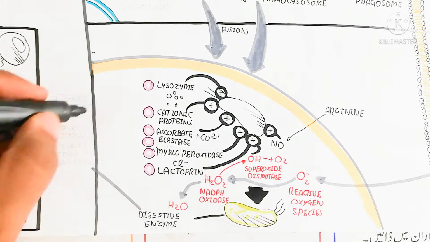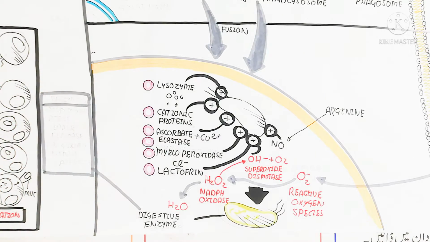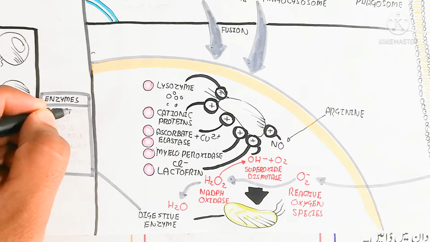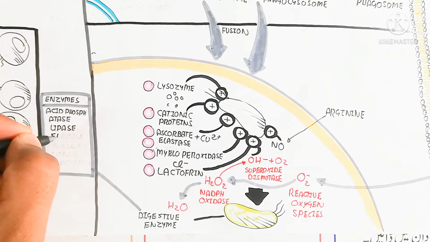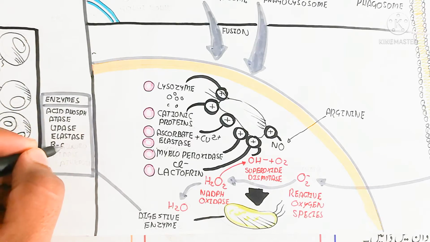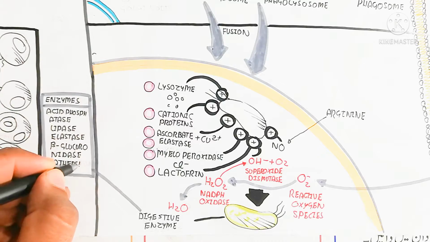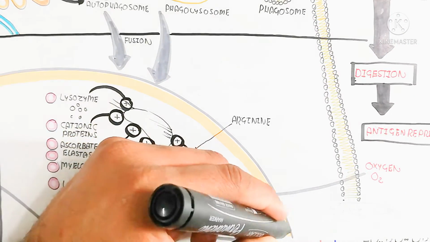After this inactive formation, the digestive enzymes can be acid phosphatase, lipase, used for the digestion of lipids and phosphate groups, and elastase, beta glucuronidase, and cathepsin. All these enzymes are used for the digestion of the pathogen.